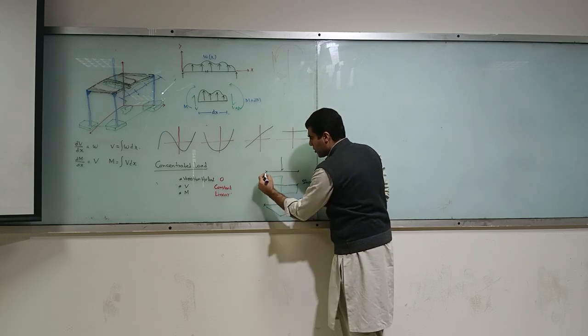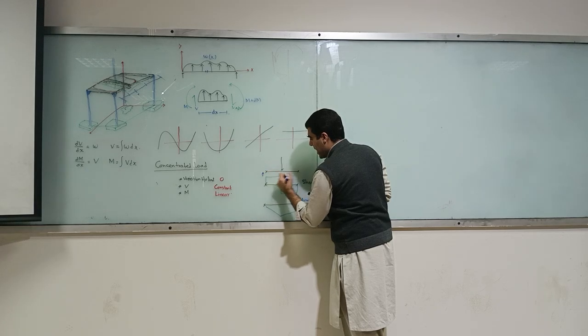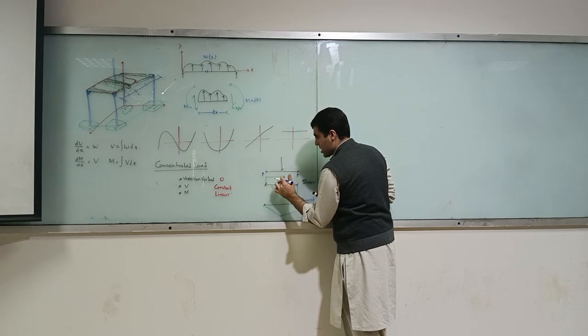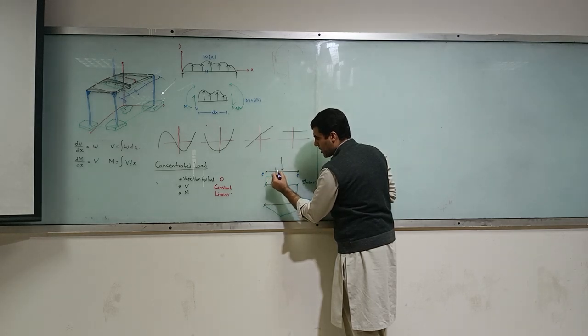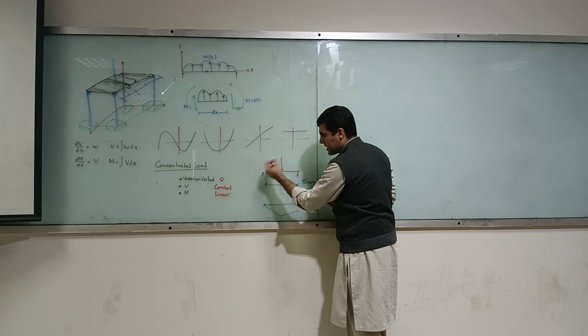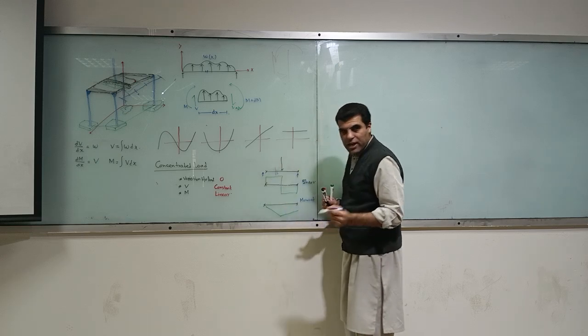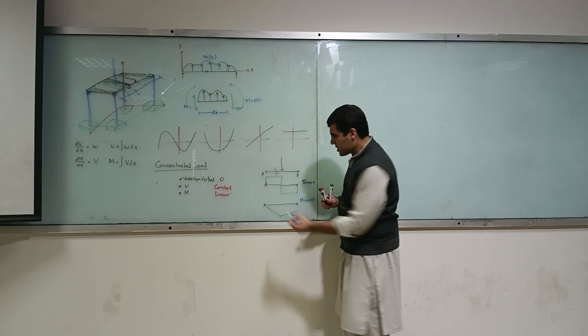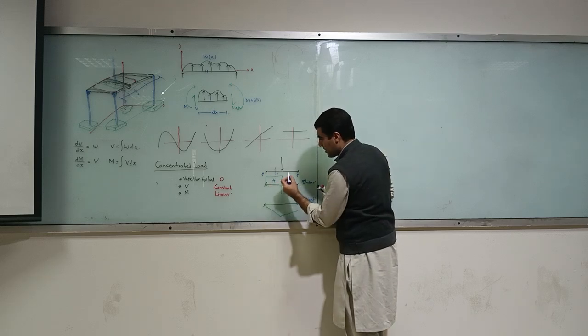Why? Because you will have load over here and the reaction over there. Okay, you will have reactions due to this. So if you take any point, you will have a shear applied over here, and that is positive. Okay, clockwise, if we say clockwise is positive, so this will become positive.